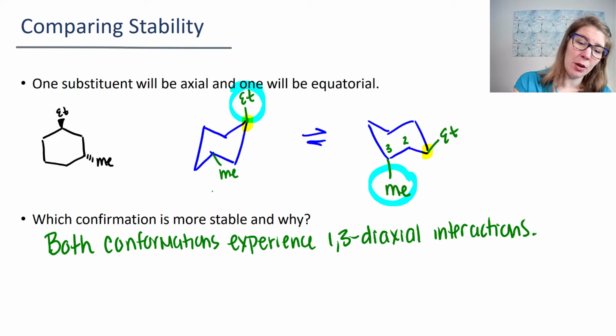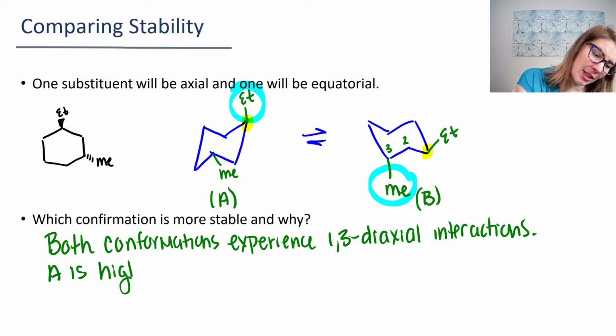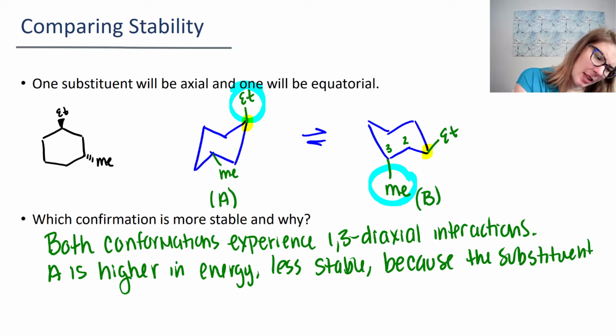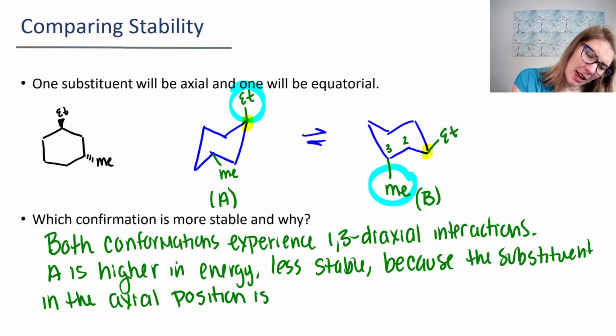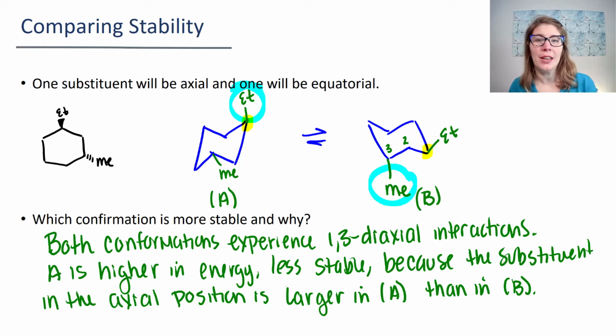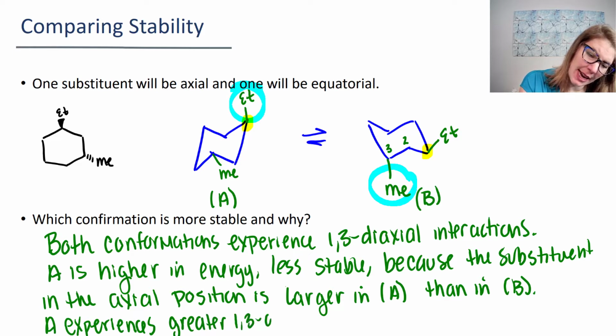So let's go ahead and say, we'll call this A again, we'll call this B. And we'll say A is higher in energy and thus less stable because the substituent in the axial position is larger in structure A than in structure B. So A has greater 1,3 diaxial interactions.